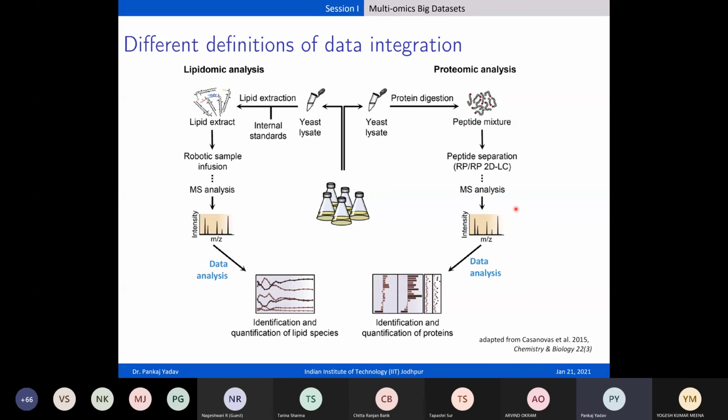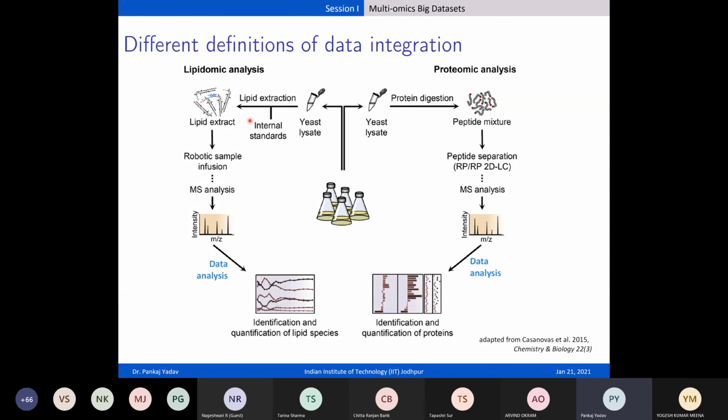And then, this is another example showing different strategies of integration. One strategy is that you start with the same samples, for example, where you have grown your yeast organism in flasks, and then you make a yeast lysate and extract only the lipids.